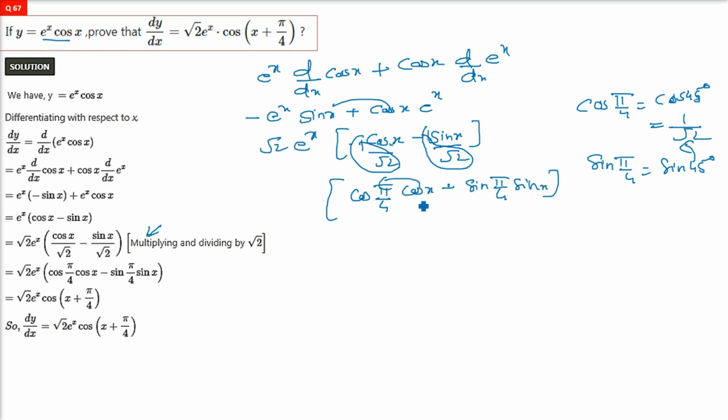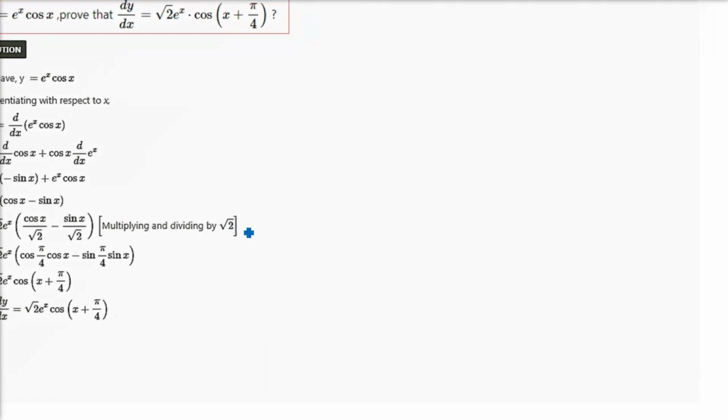So this cos x, if you just consider it to be the first term, cos x cos pi by 4 minus sin x sin pi by 4 is cos of x plus pi by 4, cos a plus b. This is the formula of cos a plus b. So root 2 e to the power x cos x. So dy by dx of this is root 2 e to the power x cos x plus pi by 4.